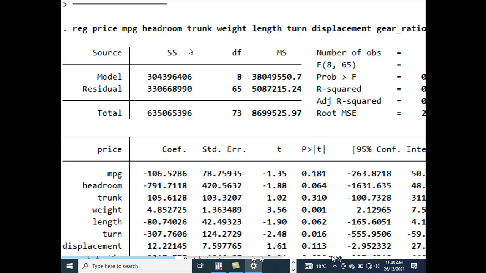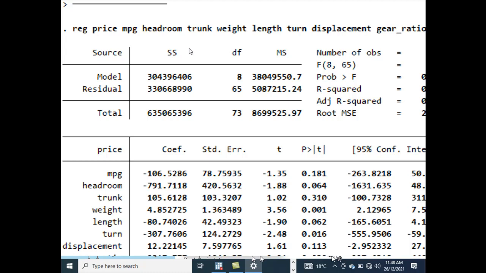Okay? If the answer is yes, it means these 8 explanatory variables are telling you something about price of a car. If the answer is no, it means they are not telling you anything about the price of a car. So naturally you are interested in a yes answer. So the first hypothesis being tested by this model, by this portion of the output, is telling you the answer about this first question, whether the fitted model is significant or not.